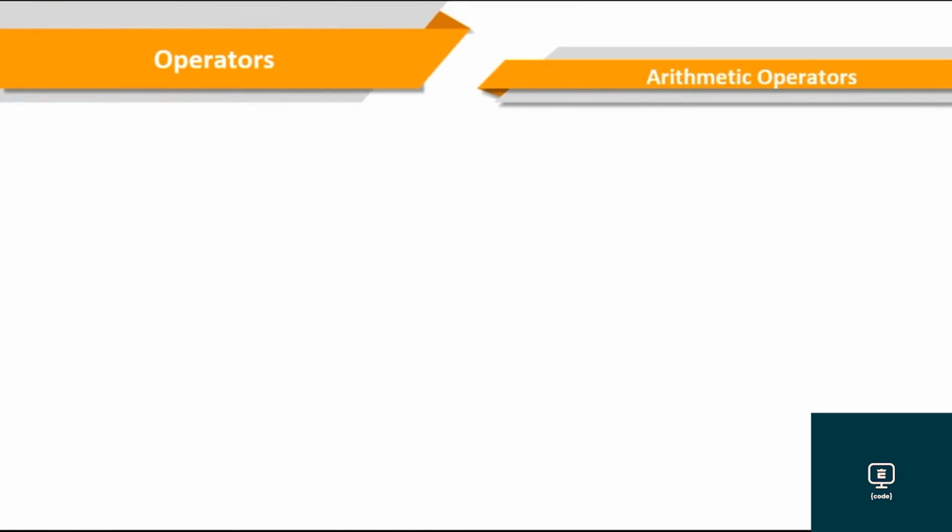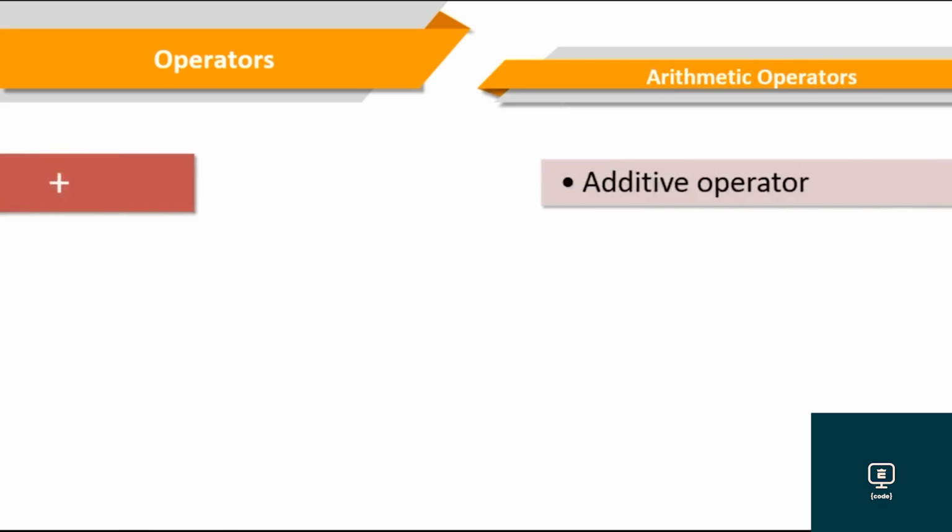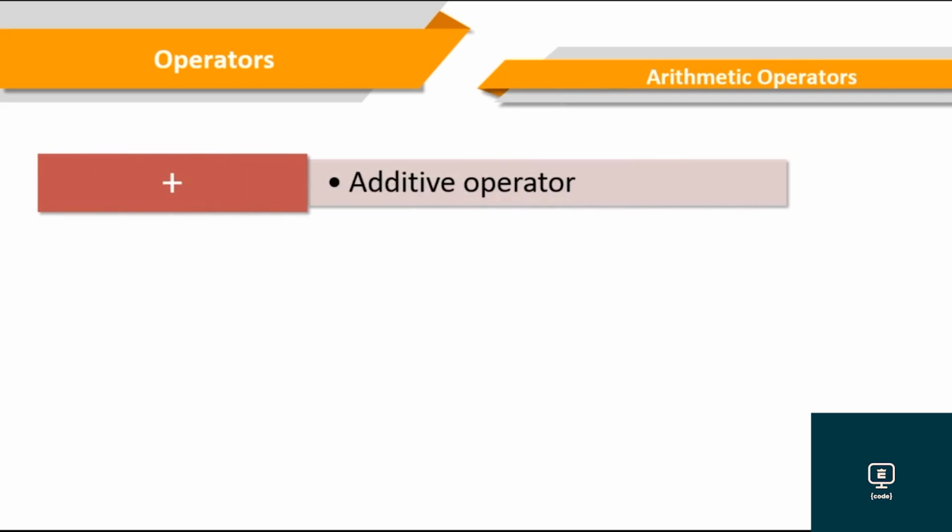Arithmetic operators. The Java programming language provides operators that perform addition, subtraction, multiplication, division, and remainder. These are basic mathematical operations that you probably know and can do in your head. Plus is an additive operator. It adds two operands.